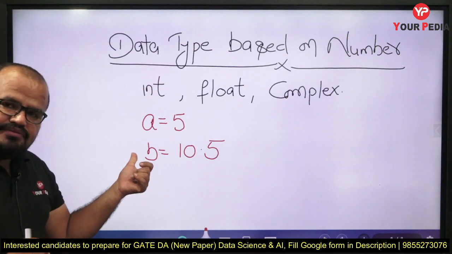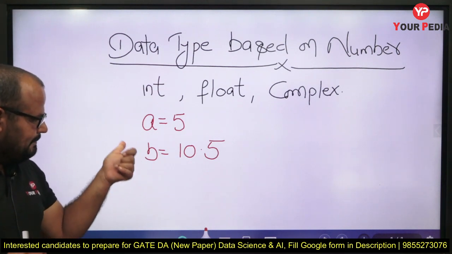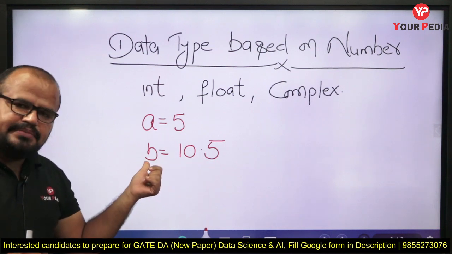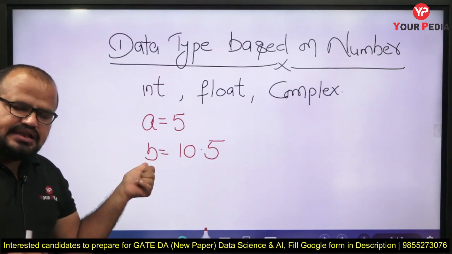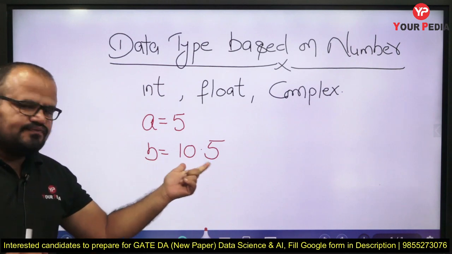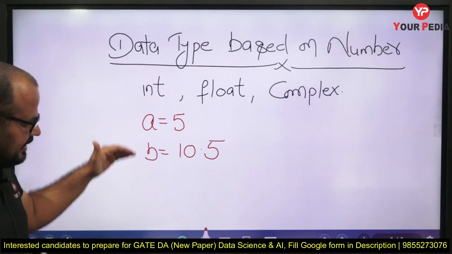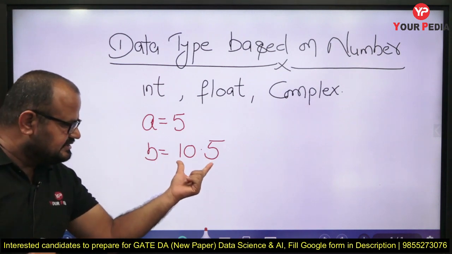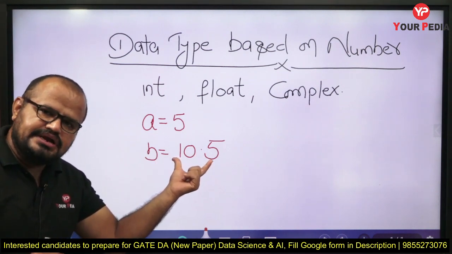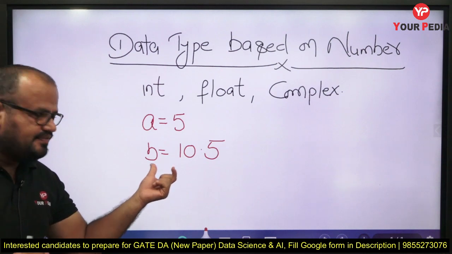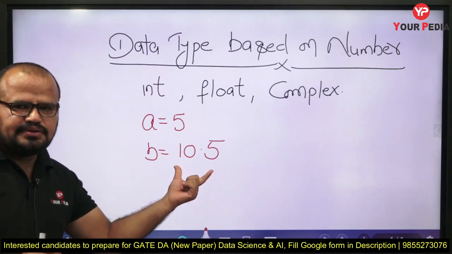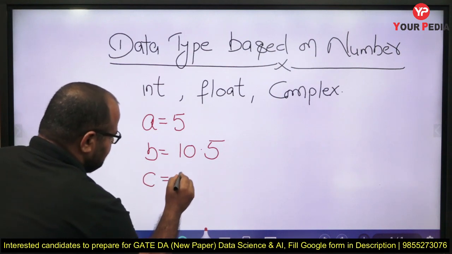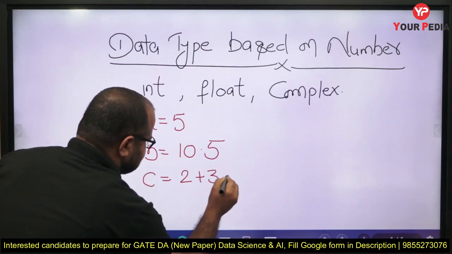In the case of C language we have to write float b equal to 10.5. That means the type of value stored at b is float. But in case of Python, no need to write it; just by seeing the value, it is automatically considered a float type value. Now next is complex, that is 2 plus 3j.